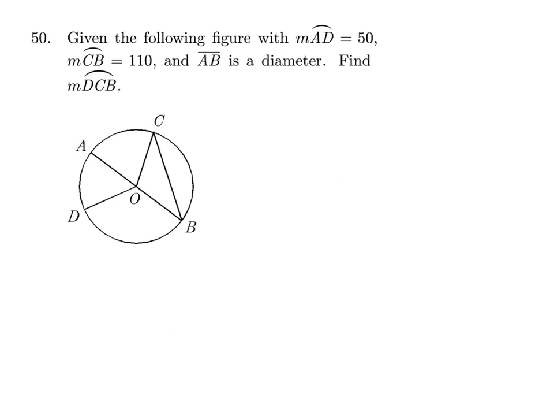Alright, given the following figure with measurement of arc AD is 50 degrees, arc CB is 110, and AB is a diameter. Alright, find arc DCB.